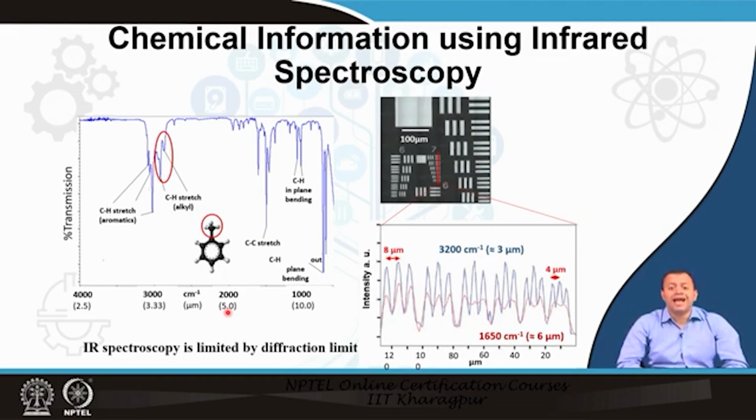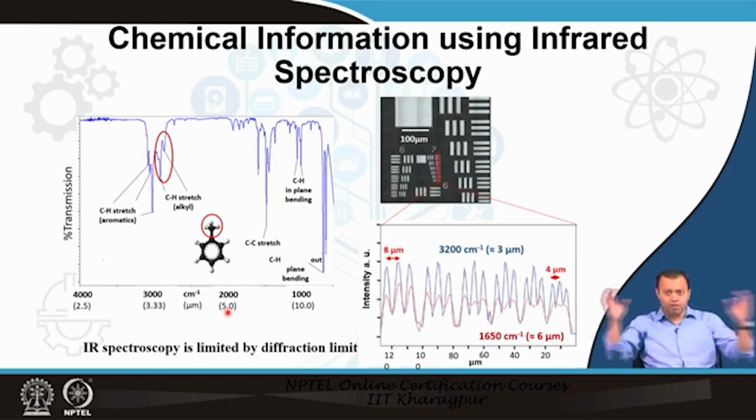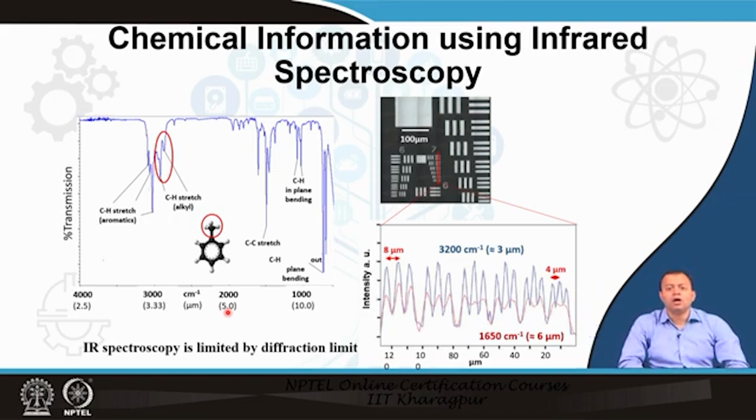But if it is 200 nanometer, how are you going to resolve it? It will not be able to resolve it. You have this big of a wavelength trying to pass through this small of a material. So, infrared spectroscopy is limited by the diffraction limit.